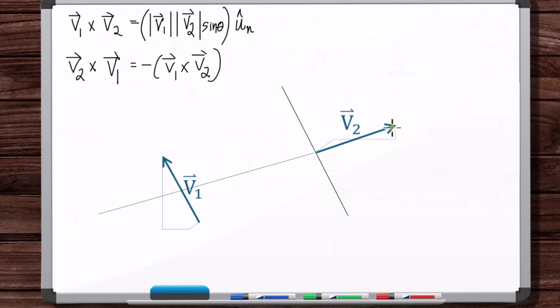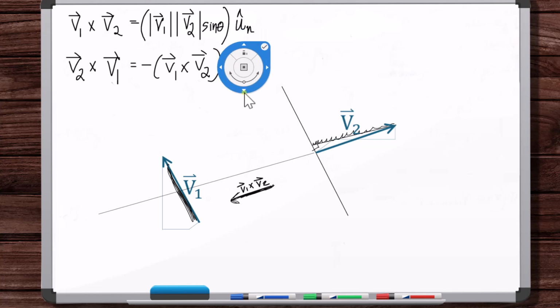And there's the projection. So V1 cross V2 would be this distance times this distance. That would be the length or the magnitude of a vector that is pointing below the plane containing the 2 vectors. And that would be it. V1 cross V2. You could take this vector and do whatever you want with it.